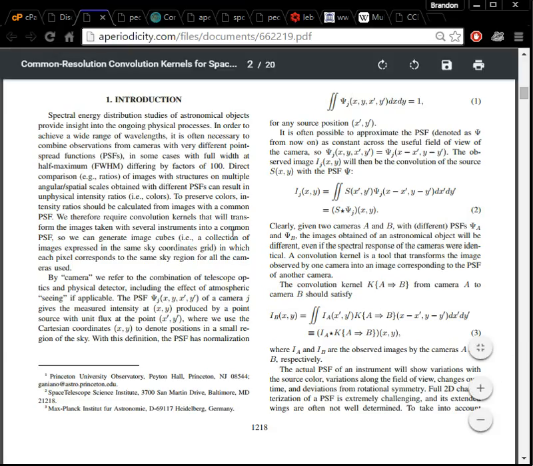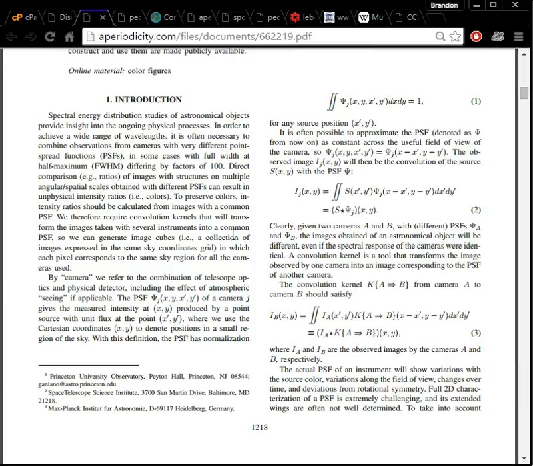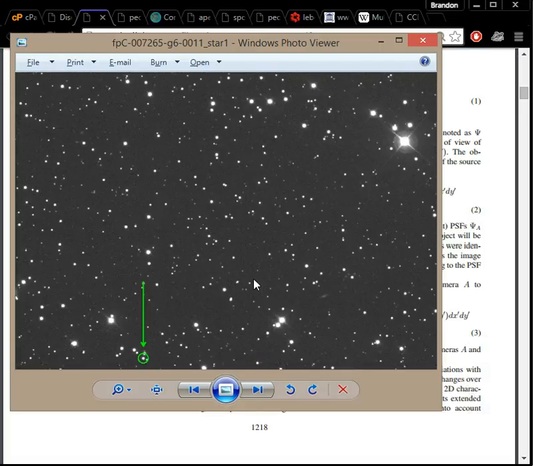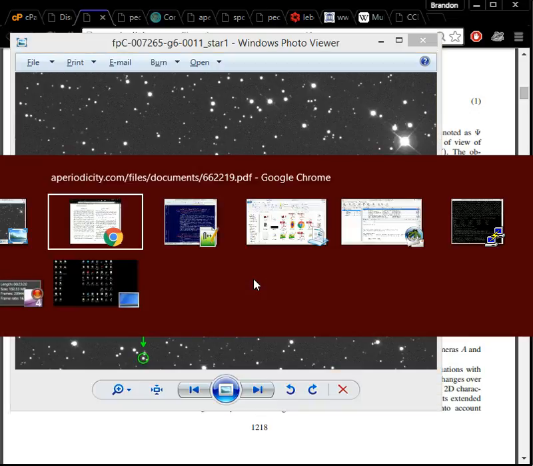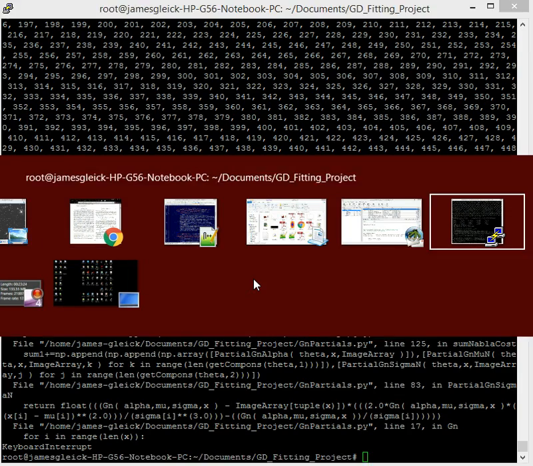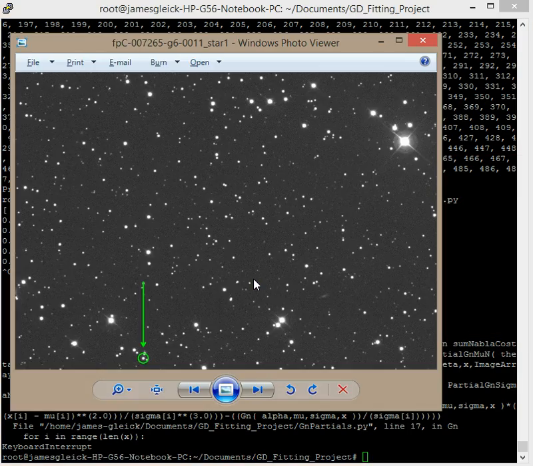And there are a number of ways of fitting a point spread function. For instance, this is an image from the Sloan Digital Sky Survey, and I mentioned this in a discussion post. I think a few of you were interested in what I was doing there, so I thought I'd provide a quick example of what I've written.